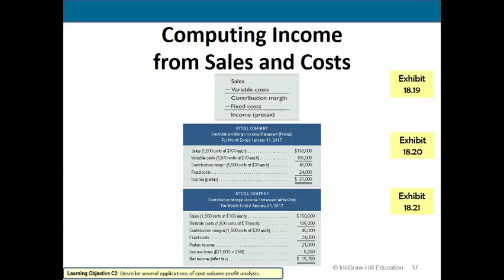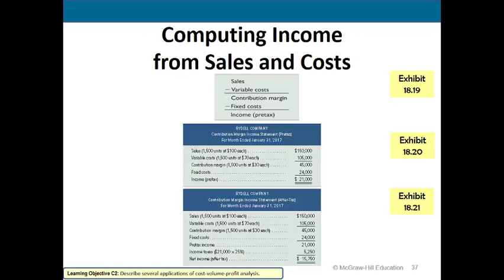And so we can compute our dollar sales. Well, here it's 1,500 times $100 sales per unit, so $150,000. You can figure out your variable costs. That's 1,500 units at $70 each, so that's $105,000. Contribution margin overall is $45,000, which is 1,500 units at $30 each contribution margin per unit.